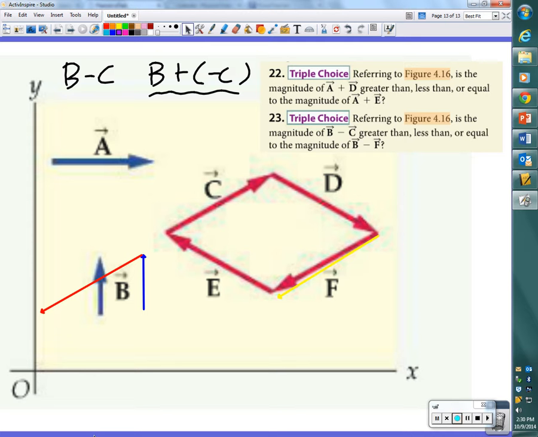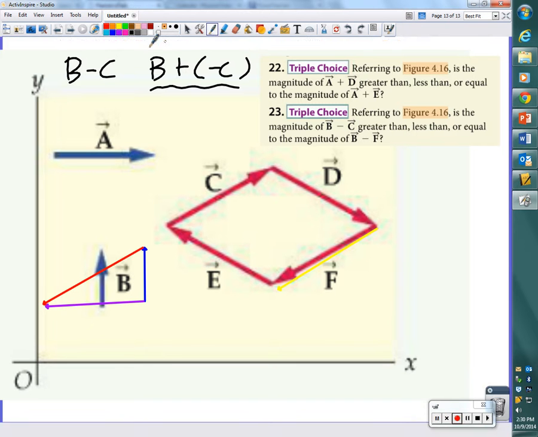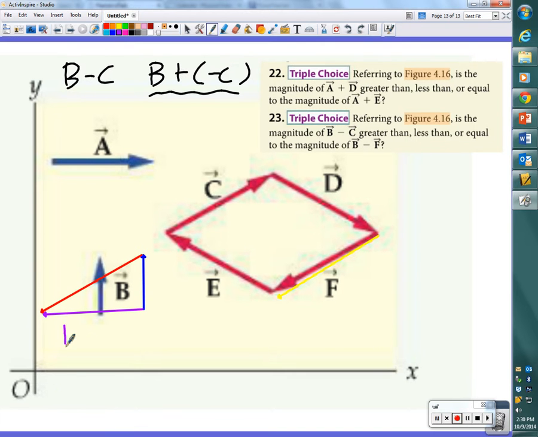As long as I don't change how long they are and which way they point, it's the same vector. And then the resultant going from here to here. So that would be B plus negative C.